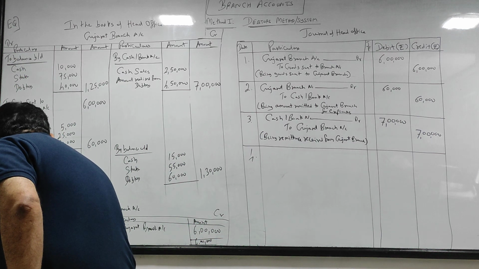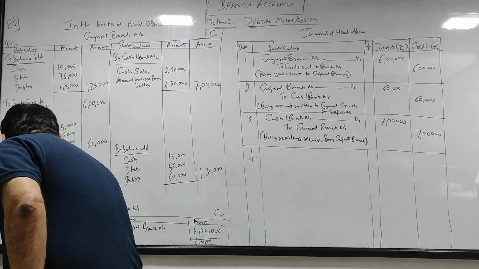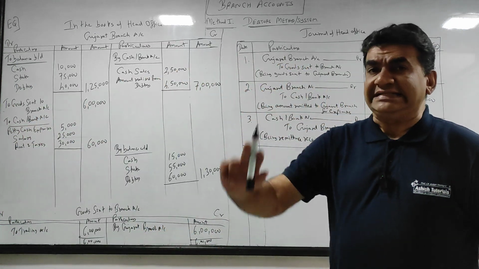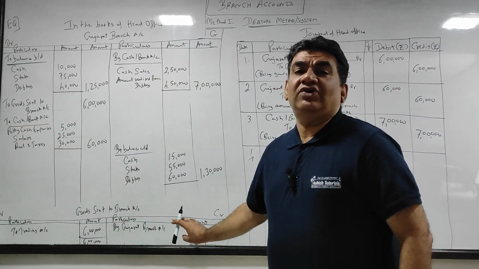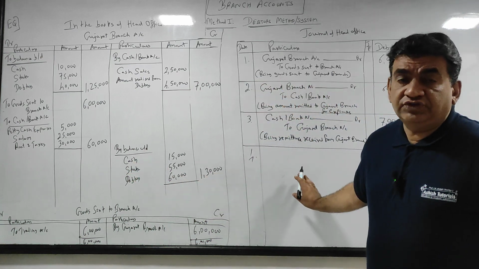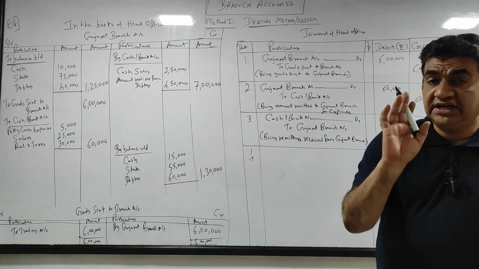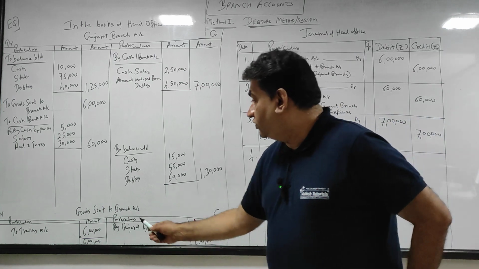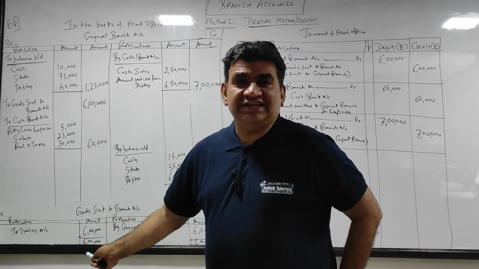Here, to trading account, that is 6 lakhs. This is the reason I made you all do this account, because क्या होता है? When you are passing journal entries, when the question tells you to make journal, whether you make this account or no, ये entry आना ही चाहिए.